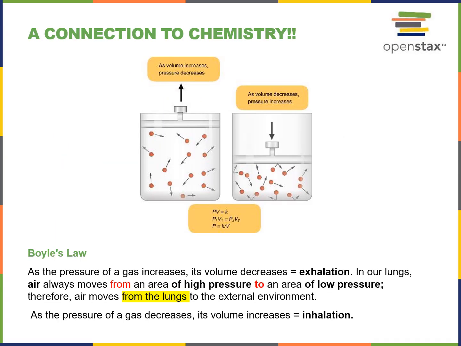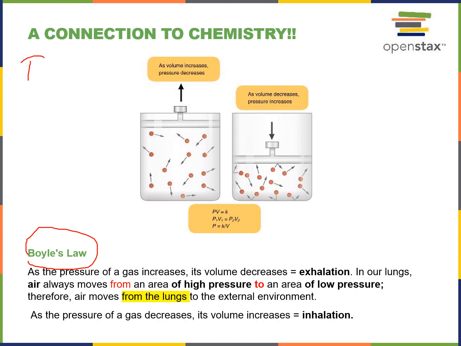So let's try and understand now Boyle's law. So Boyle was a scientist who was interested in how gases behave. And when we think of gases, we think of 4 properties.